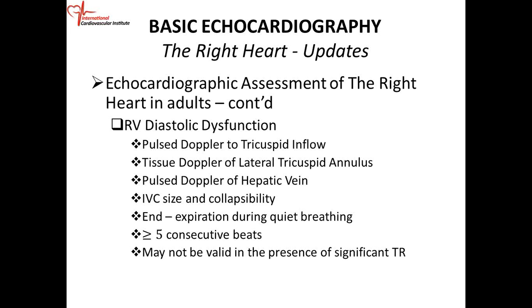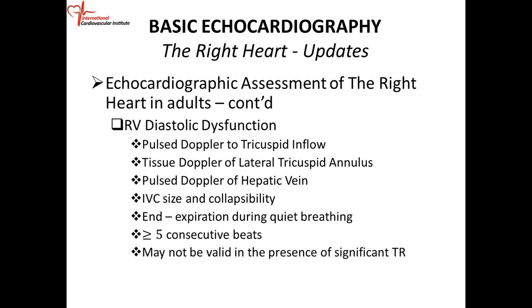We talk about RV S prime, that is the tissue Doppler velocity of the lateral tricuspid annular plane. And then we talk about RIMP, right ventricular index of myocardial performance. Those are some of the parameters we use to evaluate RV systolic function.